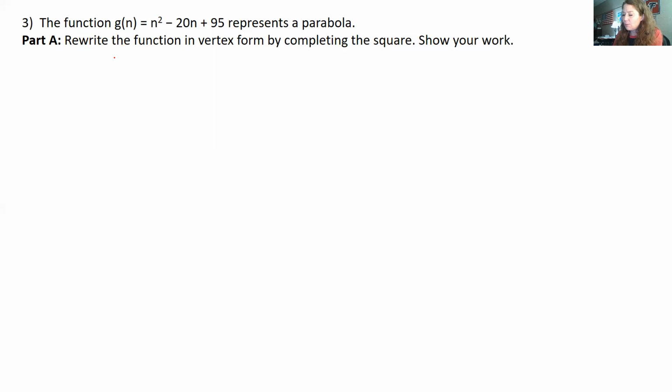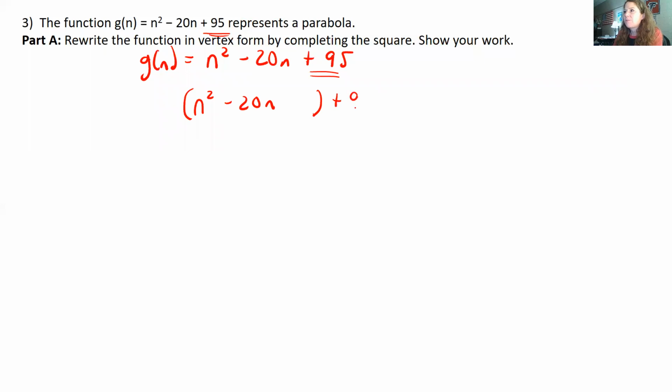So let's start with our equation. g of n is equal to n squared minus 20n plus 95. When you're going to write it in vertex form, you're going to scoot over this term right here. We're going to leave a little space, and then we're going to write plus 95 right here.